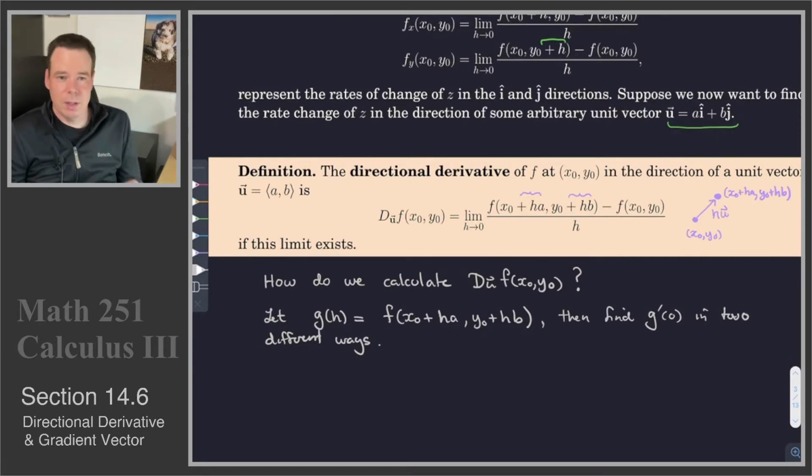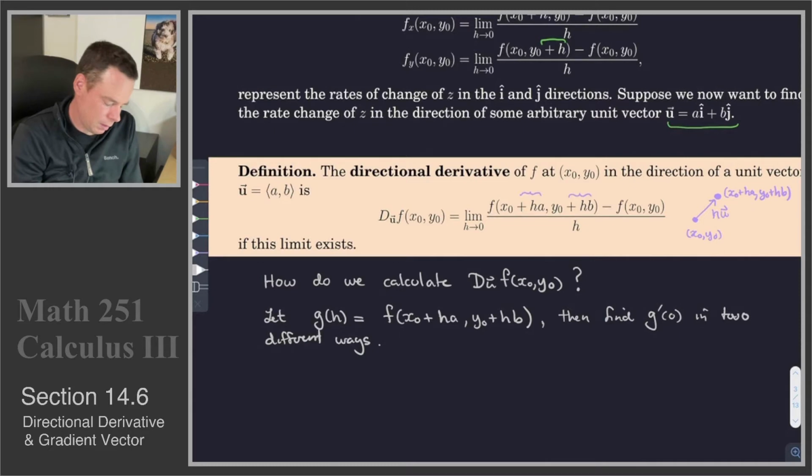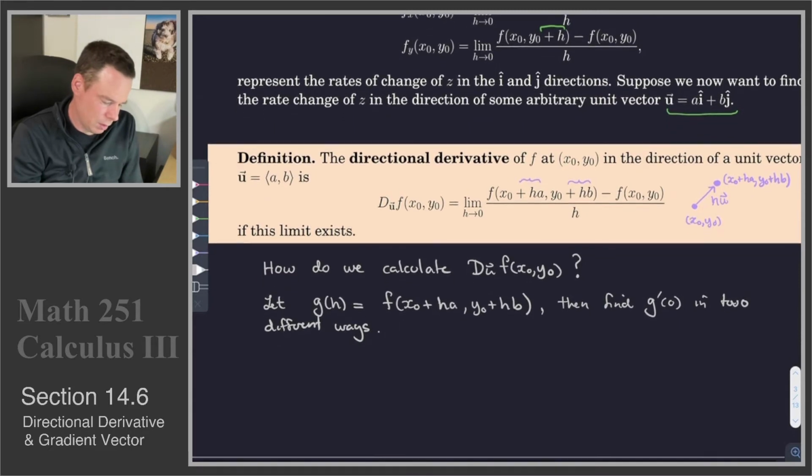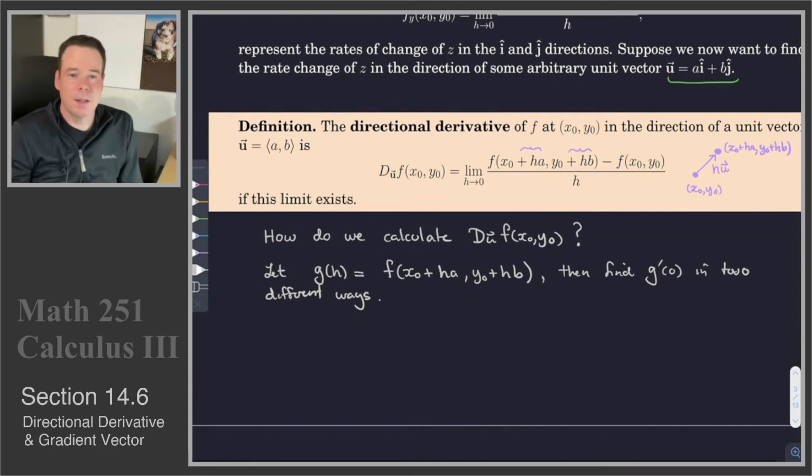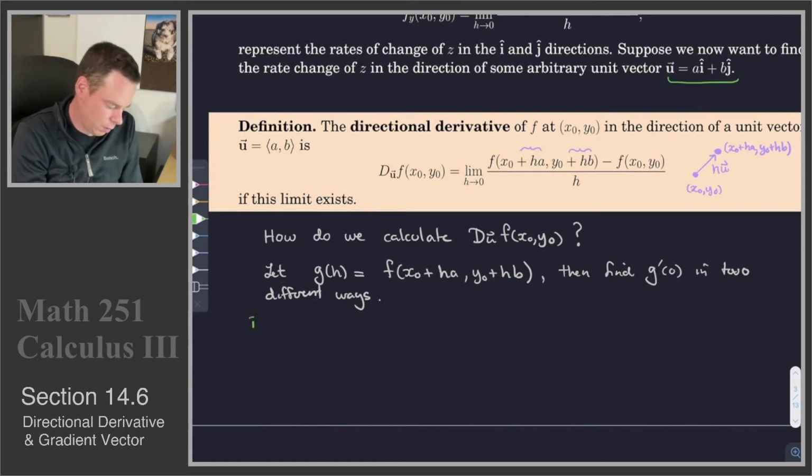We do it in two different ways because if I compute its derivative one way, get some expression for it, do the derivative a different way, get another expression for it, well, those two quantities have to be equal to each other because they are both the derivative g'(0). And so we can get an equality of two expressions by constructing them in two different ways where they represent the same quantity. So here's method number 1 of finding g'(0).